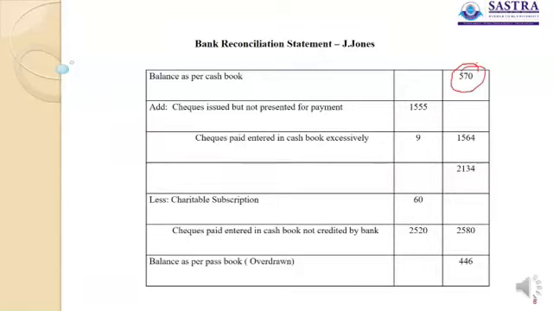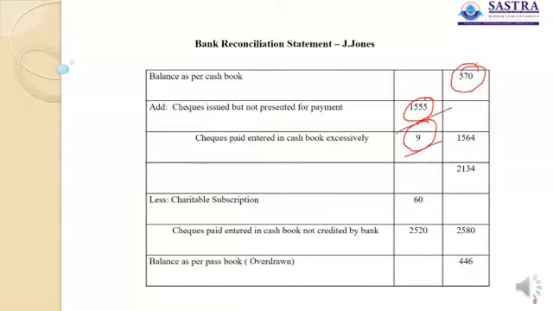We shall go to the next: see here, 570 is the base balance as per cash book. We have taken the cash book, so in the previous page the cash book column shows the items to be taken: 1555, the checks issued but not presented for payment, and checks paid entered in cash book excessively, 9.